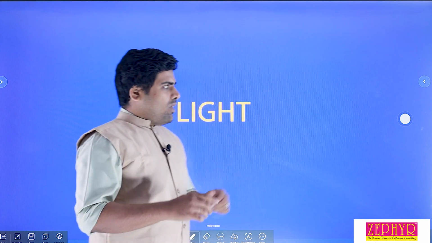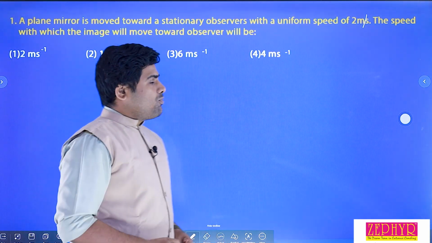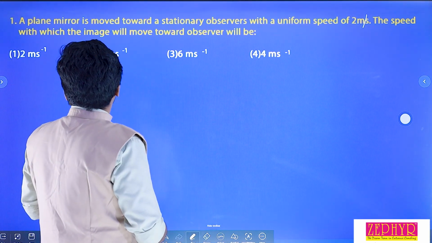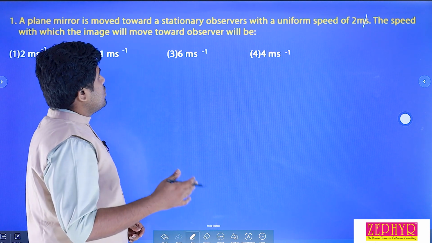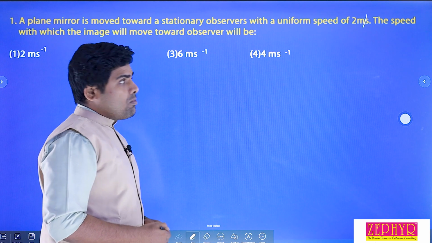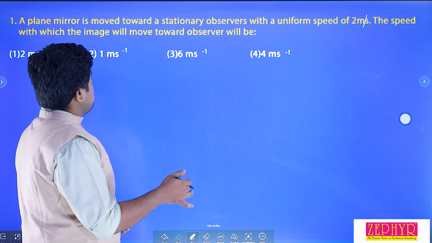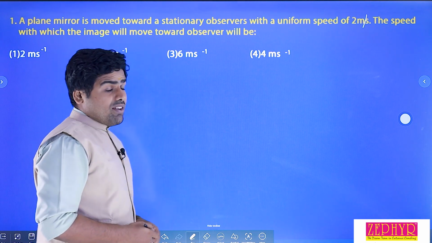Our first question is this one. A plane mirror is moved towards a stationary observer with a uniform speed of 2 meters per second. The speed with which the image will move towards the observer will be?